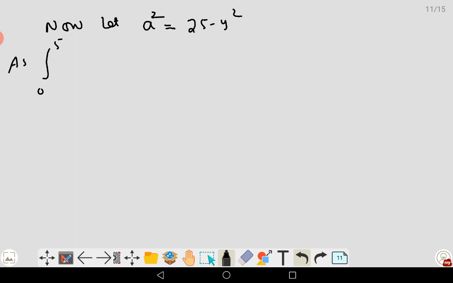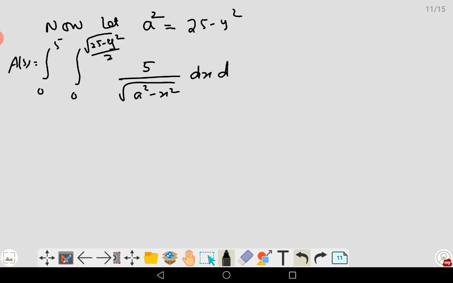Double integral 0 to 5, the area of S. 0 to 5, no change in the limit, we are not changing it. 25 minus y square over 2, this term is 5 over square root of a square minus x square dx dy.